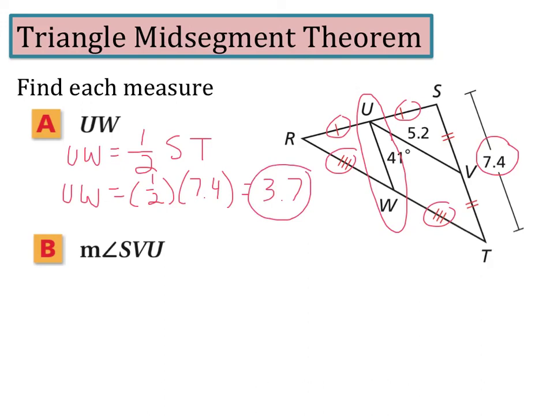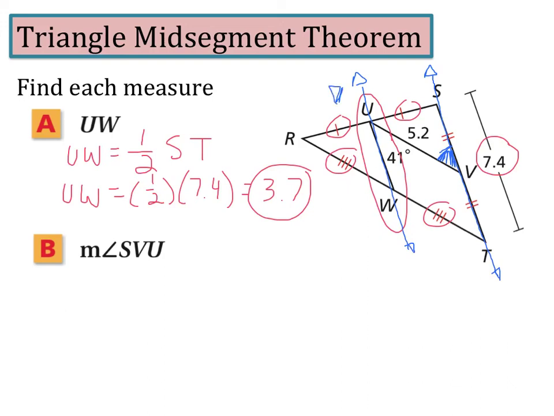Okay, part B wants us to find the measure of angle SVU. Angle SVU is located right here. So what I know from midsegments is that this segment right here is parallel to this segment right here.